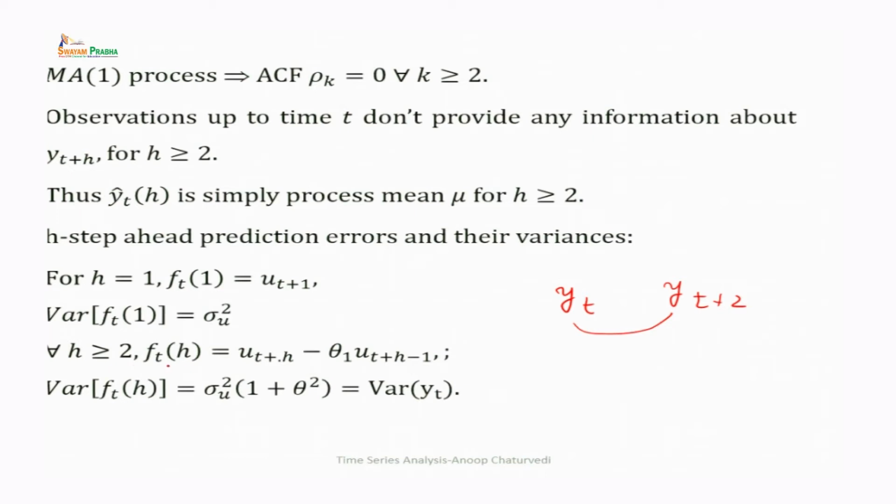For h greater than or equal to 2, f t h is equal to u t plus h minus theta u t plus h minus 1. And then for h greater than or equal to 2, variance of f t h is equal to sigma square u into 1 plus theta square, which is the same as the variance of y t.